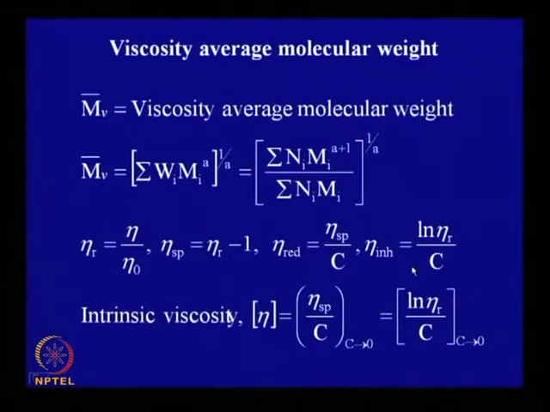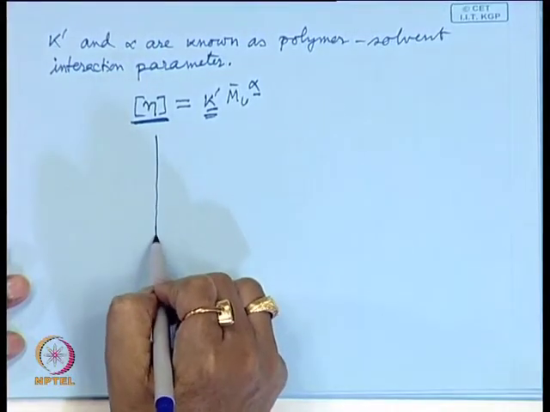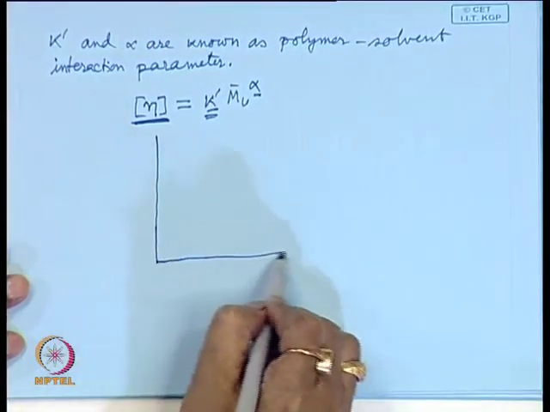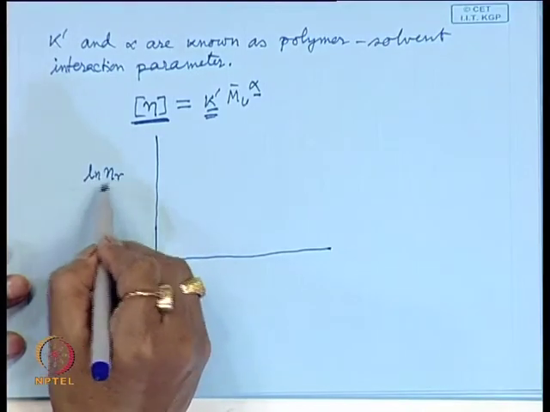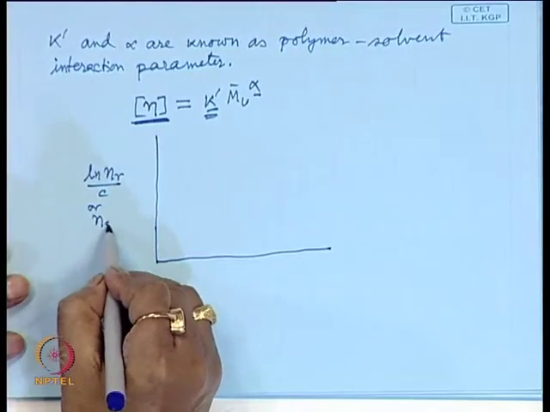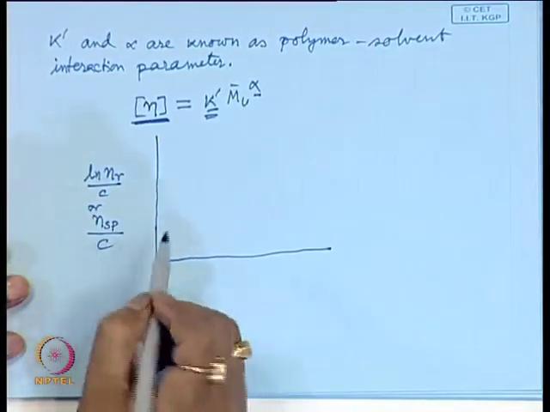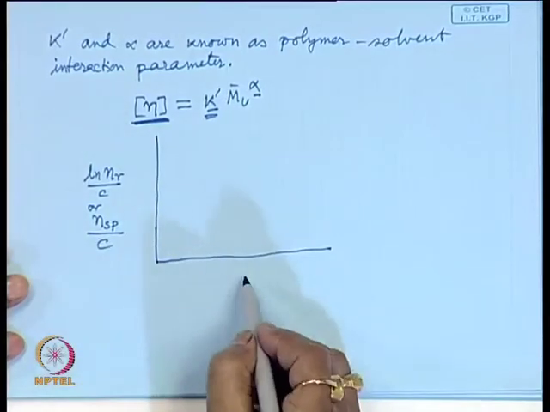Now, what is intrinsic viscosity? These are not intrinsic viscosities. How to obtain the intrinsic viscosity? You have to make a plot of either ln eta relative by C or eta specific by C, which you can calculate from the flow times, against concentration.